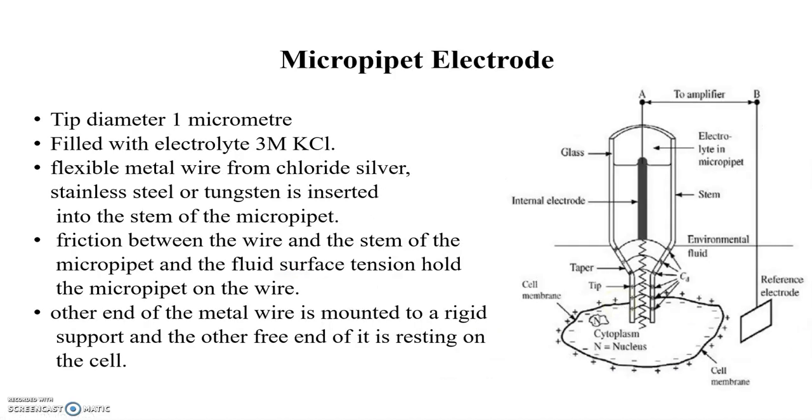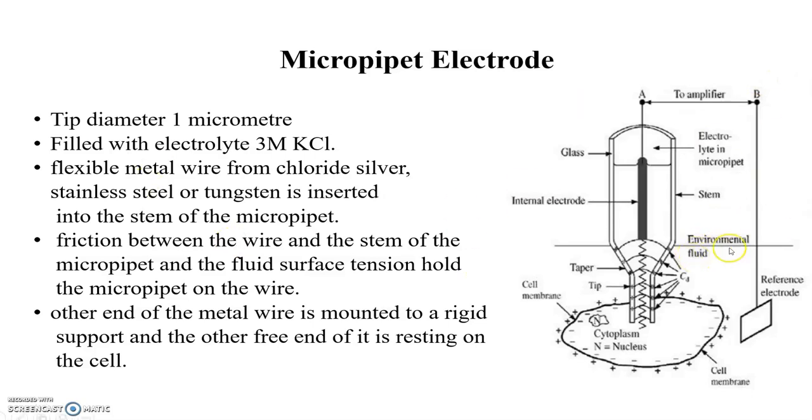Next, this is another type of microelectrode, called the micropipette electrode. This micropipette electrode has a tip diameter of 1 micrometer and is filled with 3M KCl electrolyte. A flexible metal wire of silver chloride, stainless steel or tungsten is inserted into the stem of the micropipette.